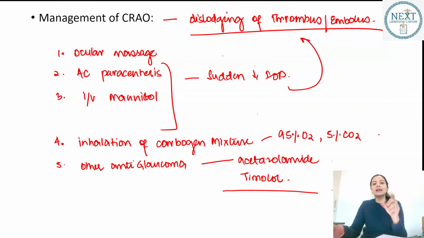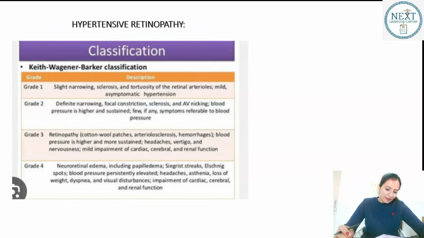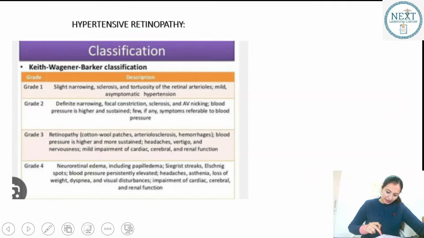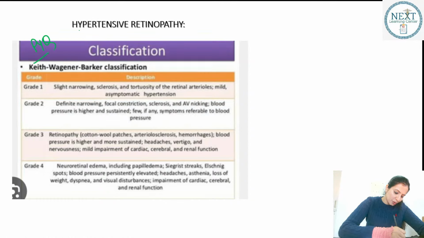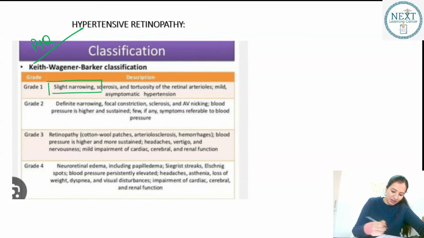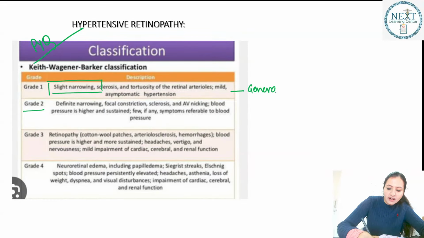ICP is intracranial pressure. Then Keith Wagner Barker classification for hypertension, again a previous year question. Remember, in grade 1 there is generalized and slight narrowing of the blood vessels.